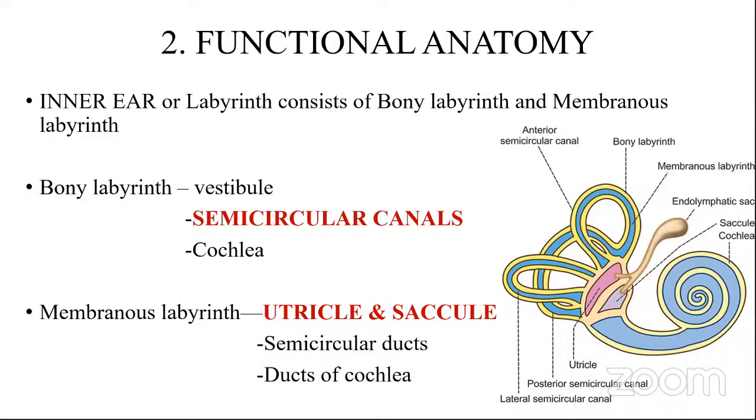That is, you can see the 3 semicircular canals. They are present inside the bony labyrinth. And you can also see the membranous labyrinth, which consists of utricle and saccule. So, utricle and saccule are present inside the membranous labyrinth.